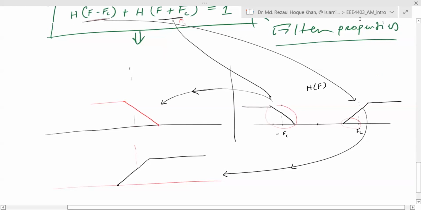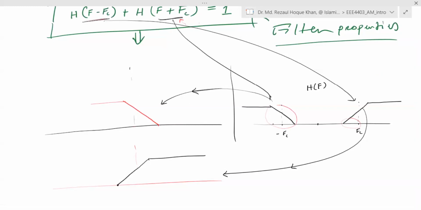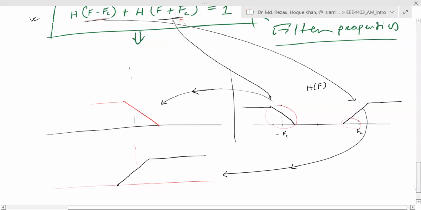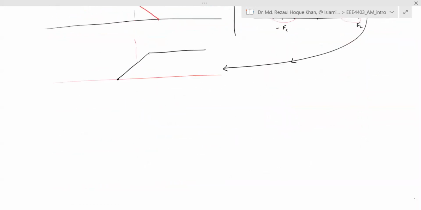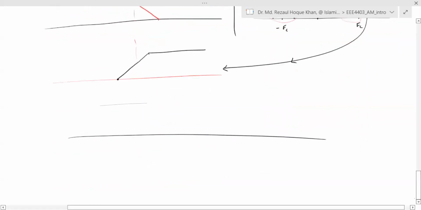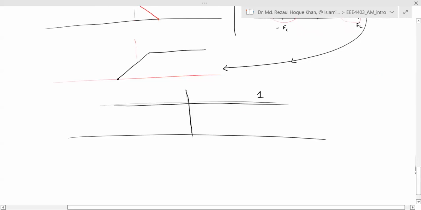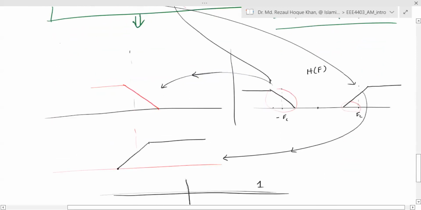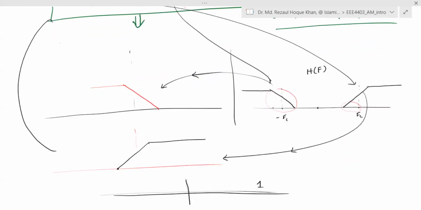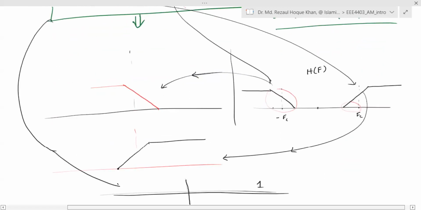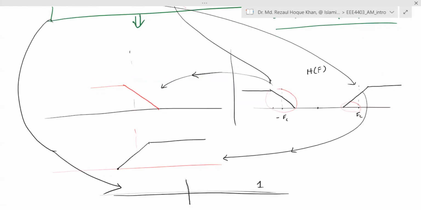Understand? So if we combine these two responses like this, then we will get this response as a unit response 1. If I combine this one, this will be our response. Okay.